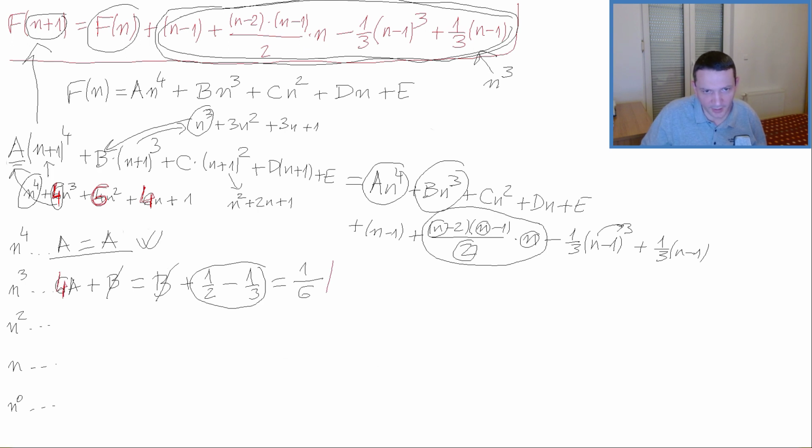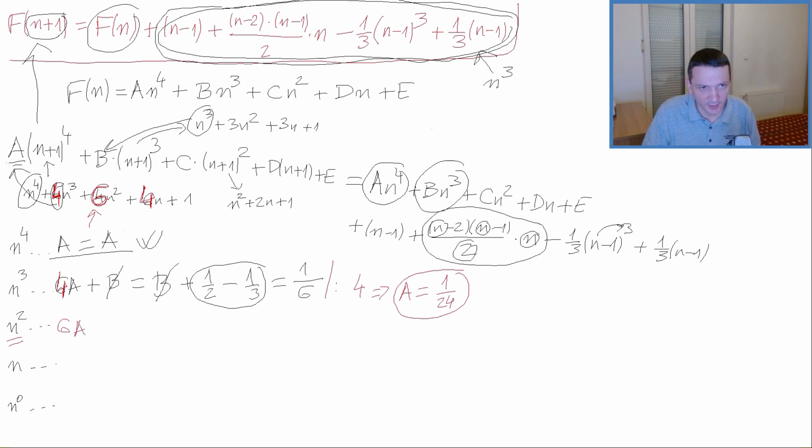So we have 4a here, and now when dividing by 4 we obtain that a is equal to 1/24. So this is coefficient a. And okay, we can do one more here. In front of n squared we have here now, as I corrected, 6 times a.